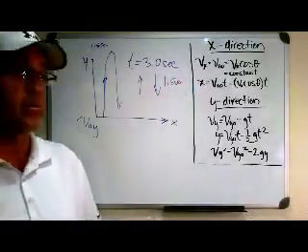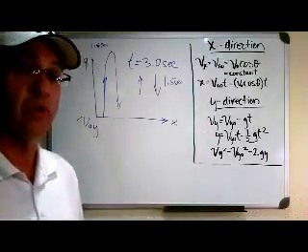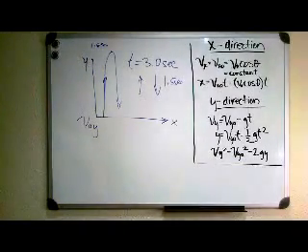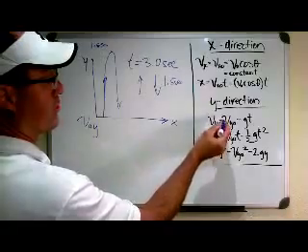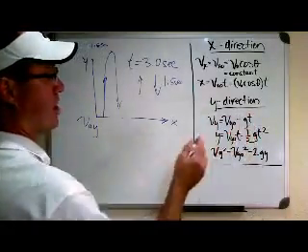This is actually kind of important when you think about what we have for equations to work with and what we can find from those equations. The equation that we should use, now that we know a couple of things, is going to be this one right here. The velocity of y equals the velocity of y naught minus gravity times time.